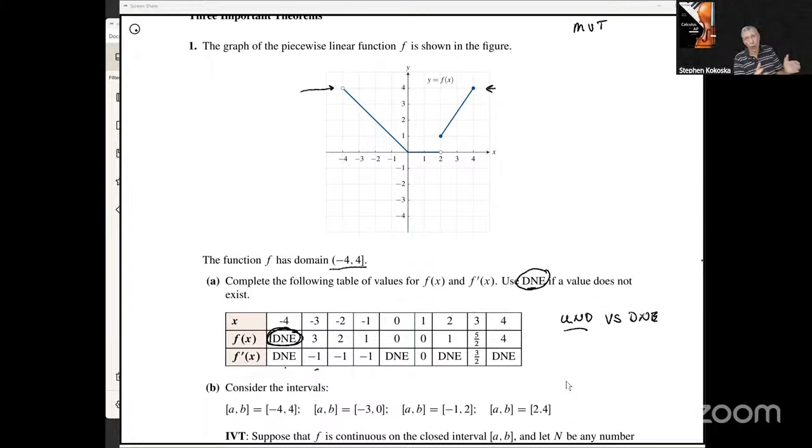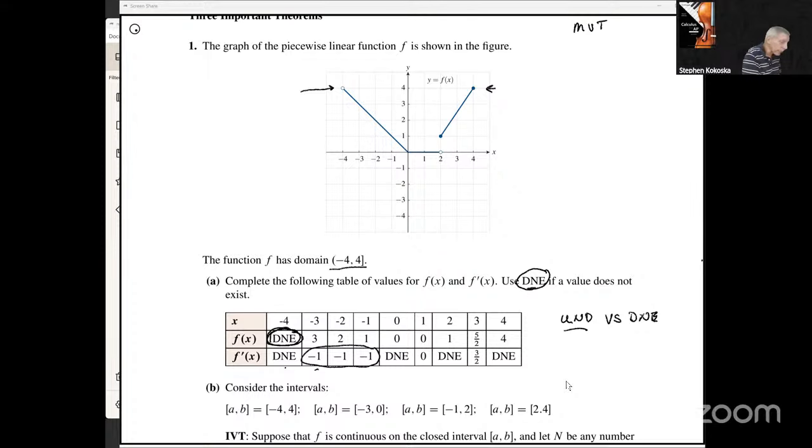I don't have a formula for this function f, but I do know that this straight line has a slope, and I know that's the derivative. And I think the slope of that line is -1. So in fact, that's the value of f prime at those three values of x, -3, -2, and -1.